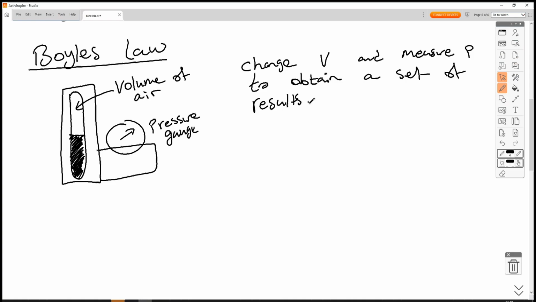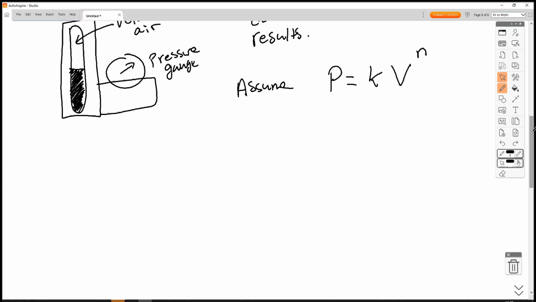Now, we make an assumption on the relationship. So we assume that pressure is equal to some constant times volume to some integer power. And then we plot a graph of our results.